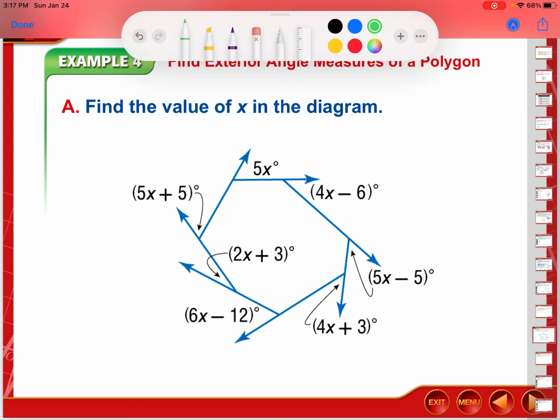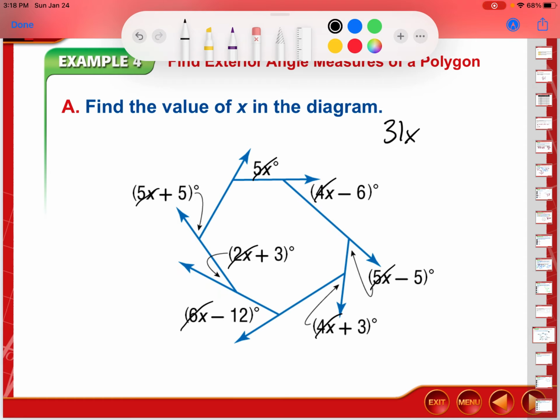So, for example, they might give you a problem with all these exterior angles, and quite frankly, it's atrocious and just mean. But I'm going to go through this and cross these off as I add up. So 5x, 9x, 15x, 17x, 22x, 27x, 31x. So we have 31 x's.